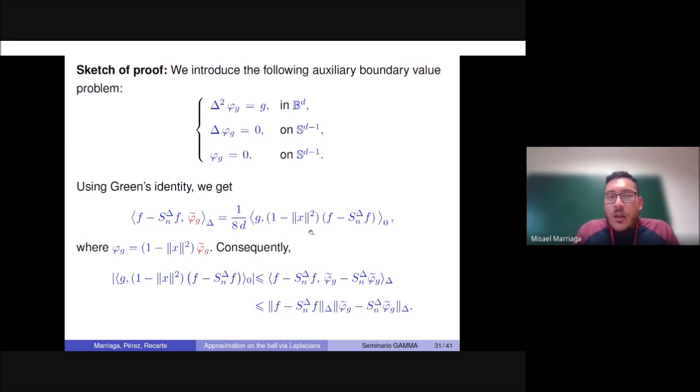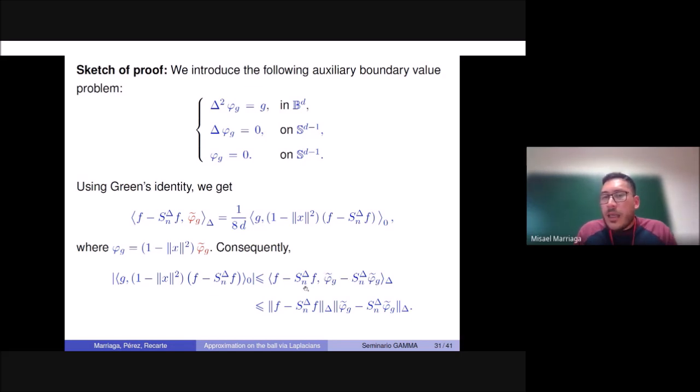Another thing that I use is the well-known fact that this error, f minus its nth partial sum, is orthogonal to every polynomial of degree at most n. In particular, it is orthogonal to the partial sum of degree n of this red function that I have over here. So I can put it inside without changing anything, and using this fact, I can bound this right hand side by this quantity over here, where I have introduced the nth partial sum of phi tilde.